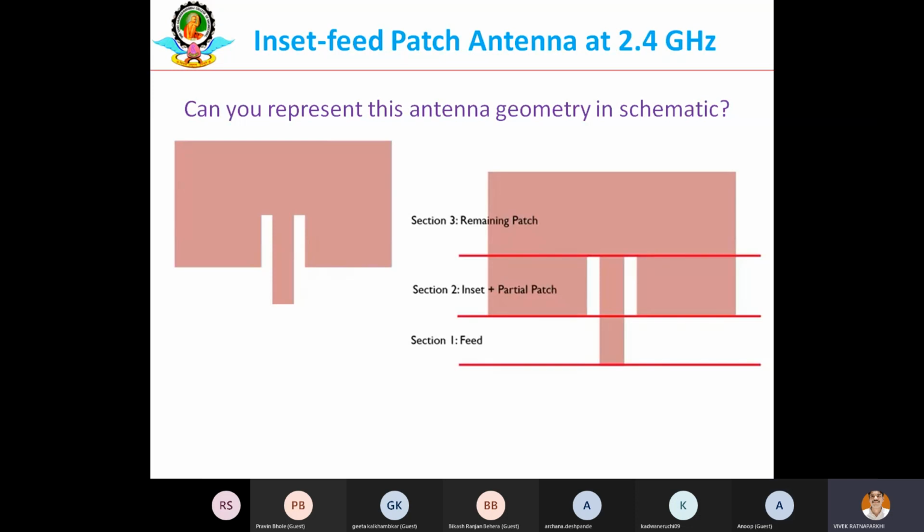First, let us talk about section 3. Section 3 can be drawn in a schematic with the help of again a transmission line, but which will be an open circuited transmission line. So that is well understood. Section 1 and section 3 can be easily represented in a schematic window with MLIN and MLOC.